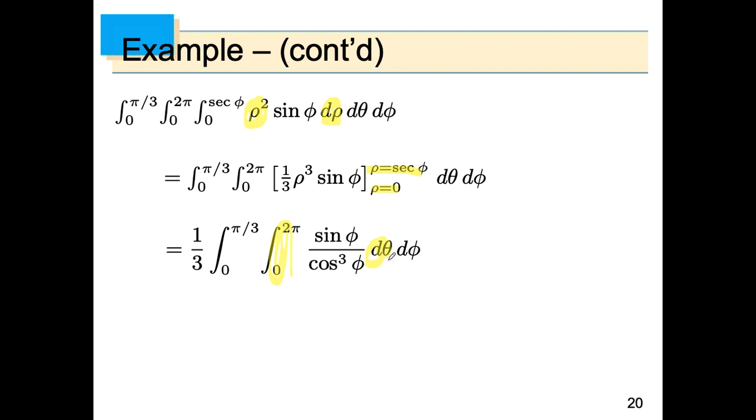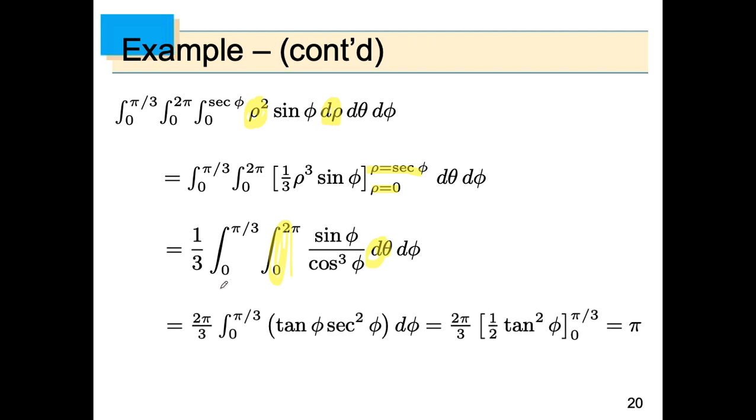I think we all know the antiderivative of d theta is theta. From 0 to 2 pi is simply 2 pi. So if we take a look at this next step, this 2 pi simply came from this step immediately. I didn't have to do any work at all. I went right to it. And I haven't even integrated phi yet.